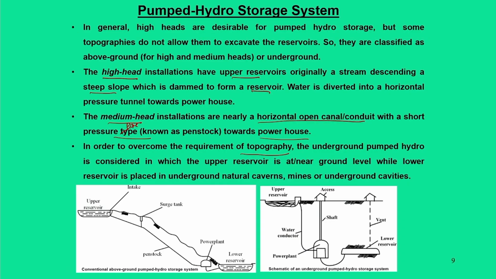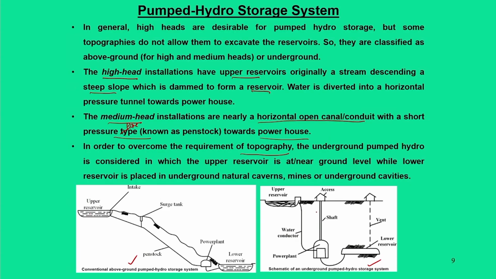Many times pumped hydro storage systems can be considered above ground or underground. Above ground means that if your lower reservoir is on the surface, the upper reservoir will be above the surface at a certain height.